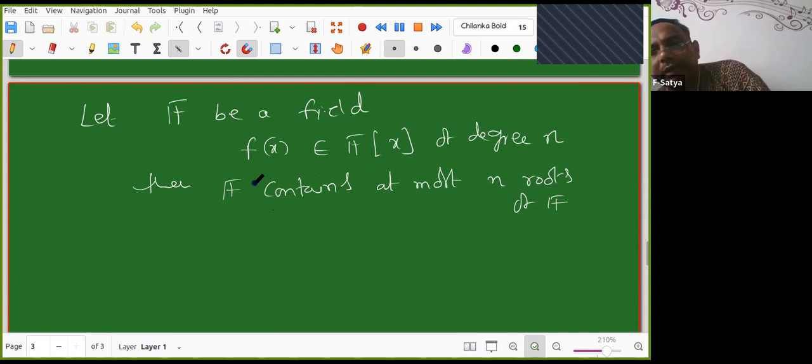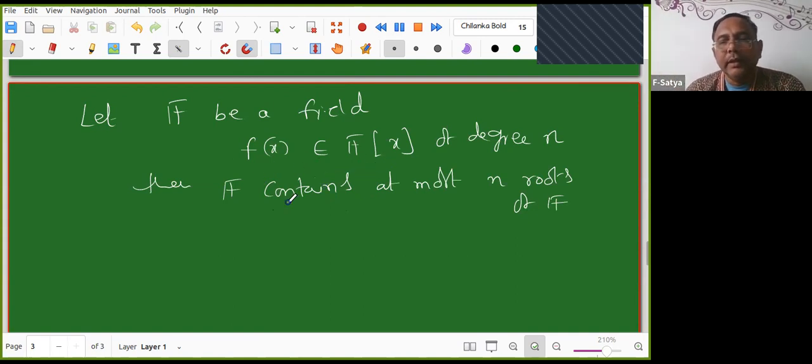So you take any field, and f belongs to F[x], then F contains at most n roots of f. You remember that we proved this in the primitive roots, right? There we needed it in order to show that U_p is cyclic. So we needed this theorem and we proved it.